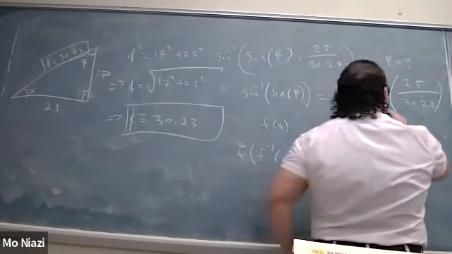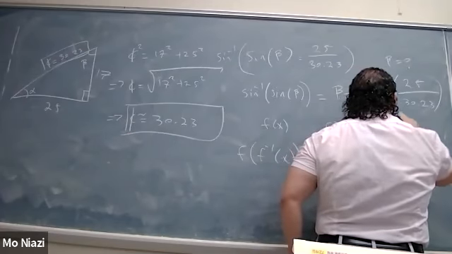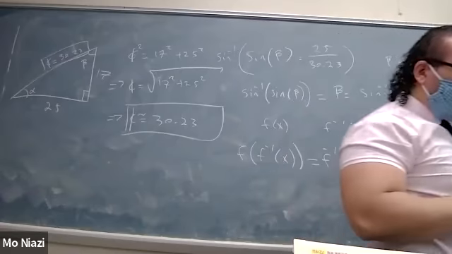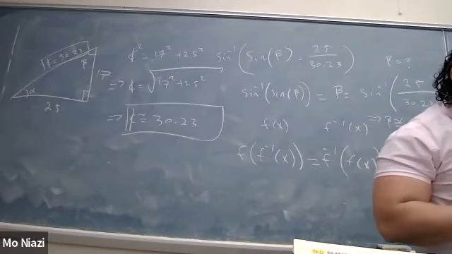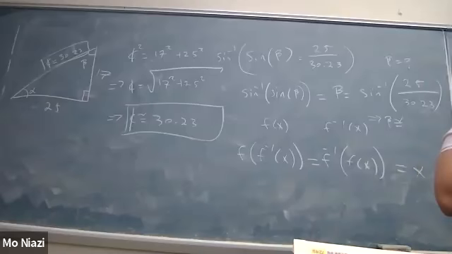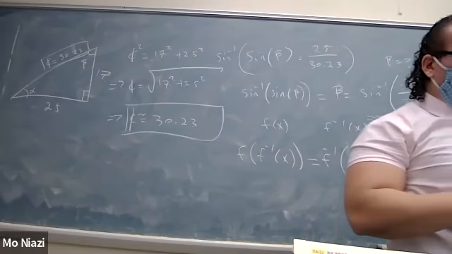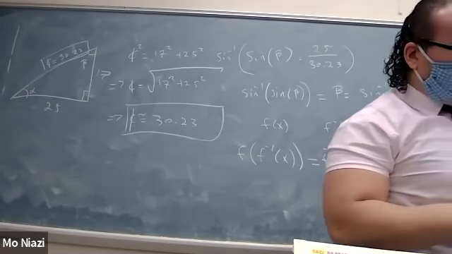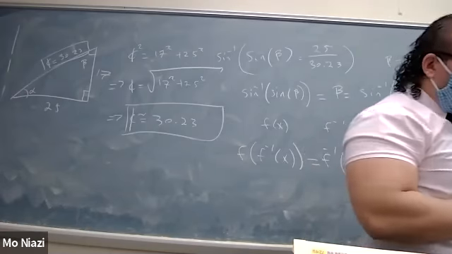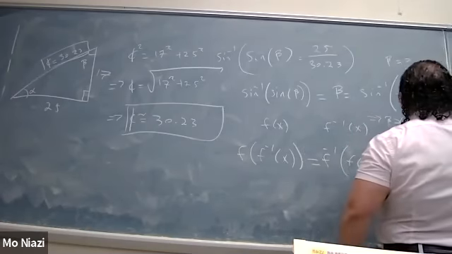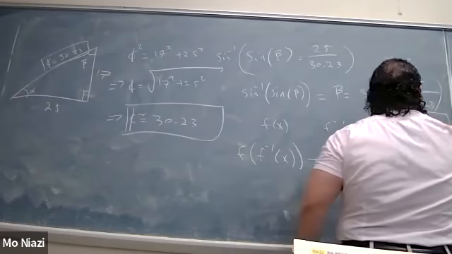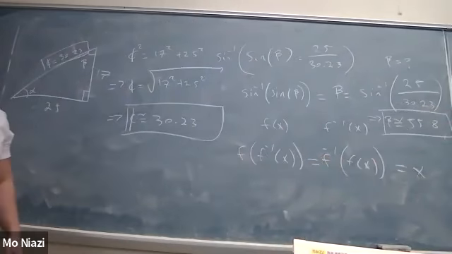That's what beta is. 55.79, which is approximately 55.8. Does everybody get that? Do you get that in your calculator?